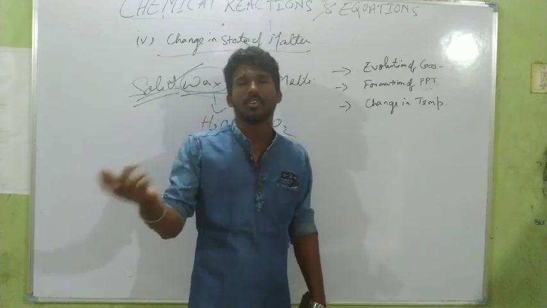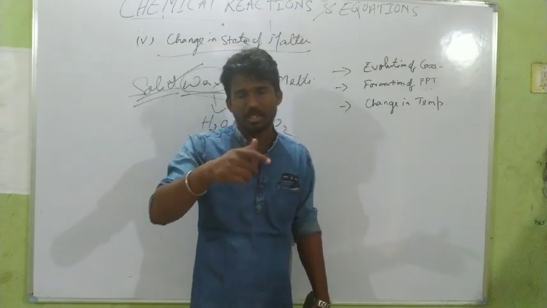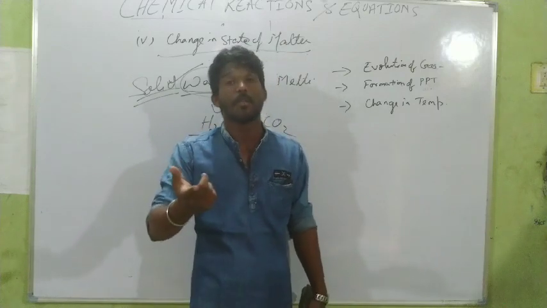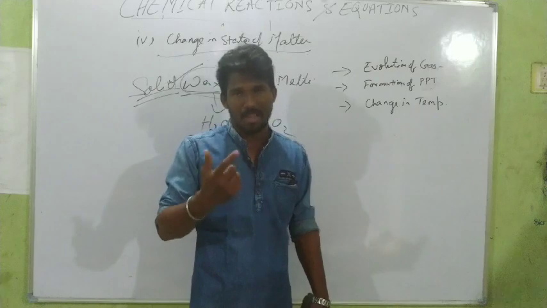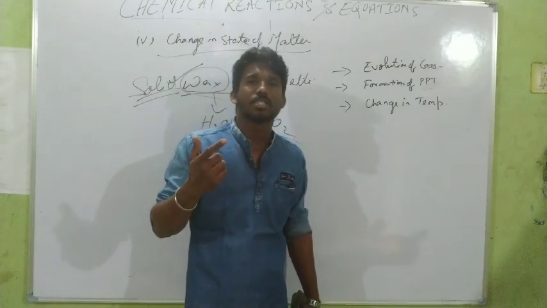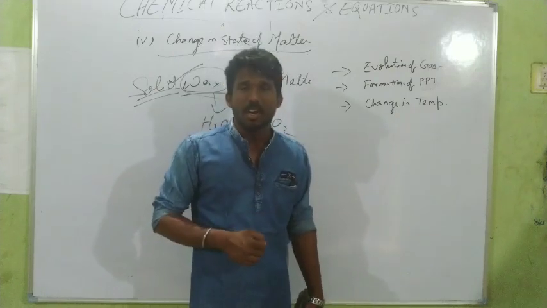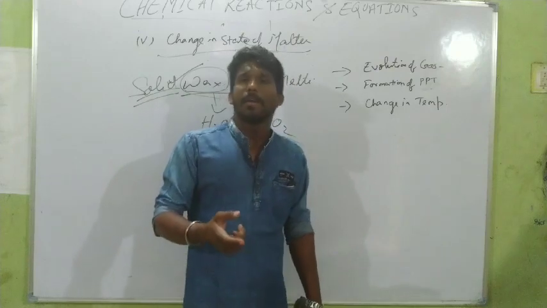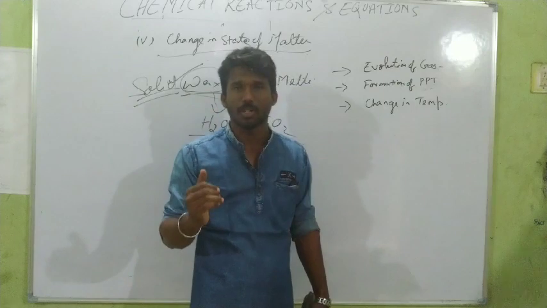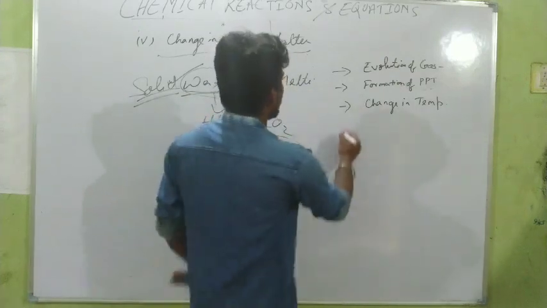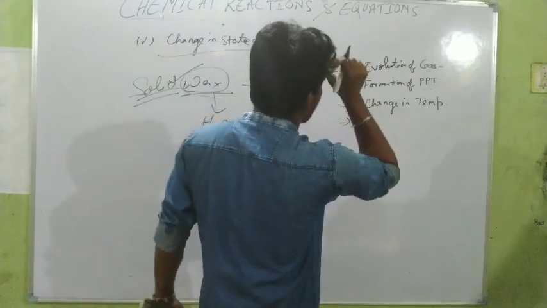On the endothermic side, there is the example of barium hydroxide plus ammonium chloride, which will give you barium chloride plus water plus ammonia. In this reaction, the temperature falls, so it's an endothermic reaction.